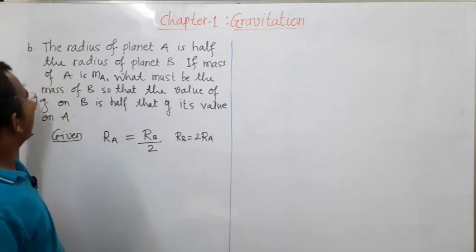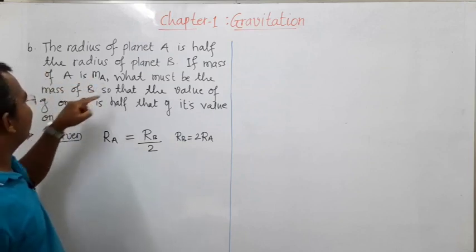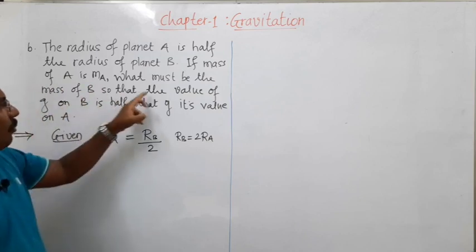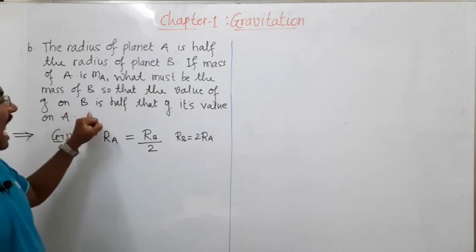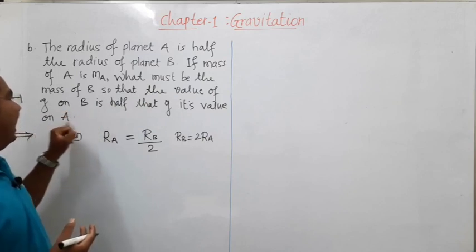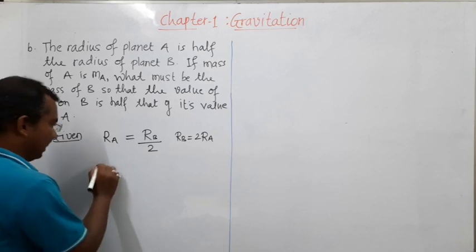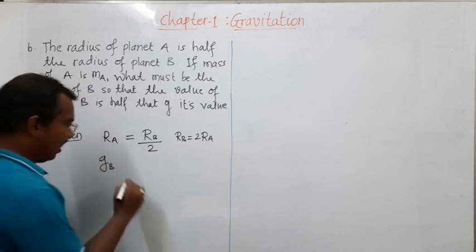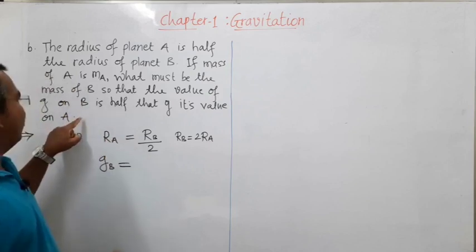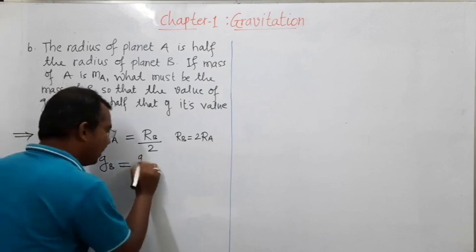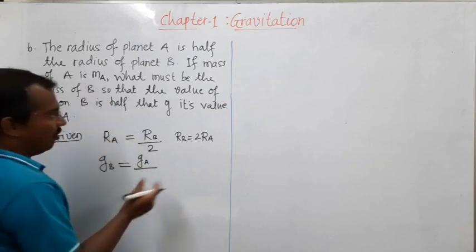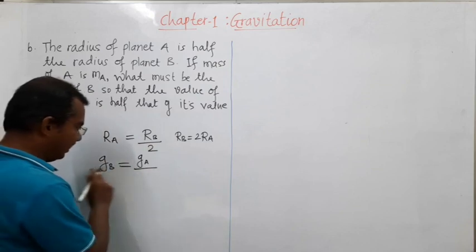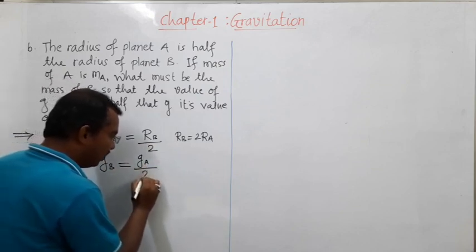Second thing is that if mass of A is MA, what must be the mass of B? So we have to calculate. And one more thing is given here. The value of g on B is half that of its value on A. So GB will be the acceleration due to gravity on planet B and half of its value on A. So GA will be the value of acceleration due to gravity on A, and GB is equal to GA upon 2.